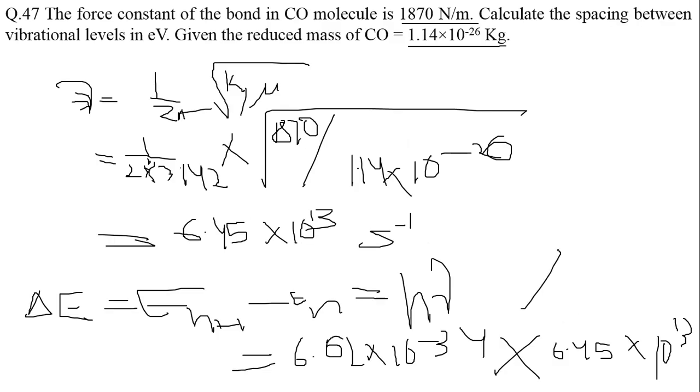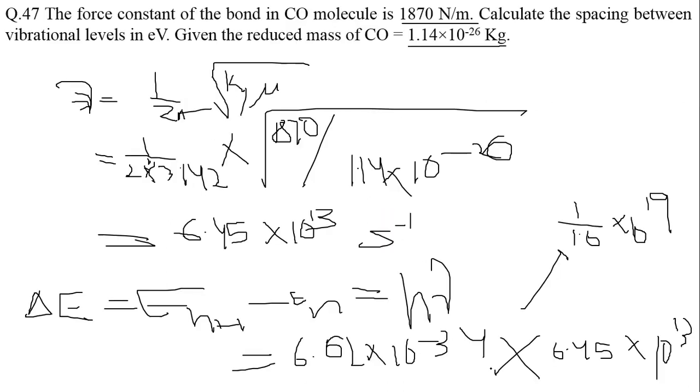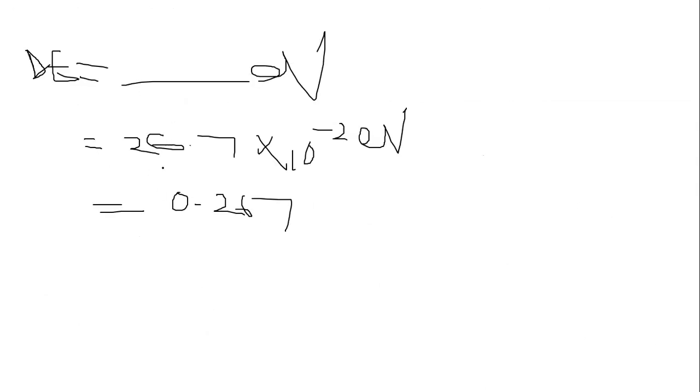In this value, if you divide by 1.6 into 10 to the power 19, then it is how much? 19 into 13, it will be minus 32. It will be 19 into 13 will be 32, 34. So only 10 to the power minus 2 will be remaining. And if you calculate all these, it will be 26.7. So the value in terms of electron volt will be 26.7 into 10 to the power minus 2 electron volt, or 0.267 electron volt.